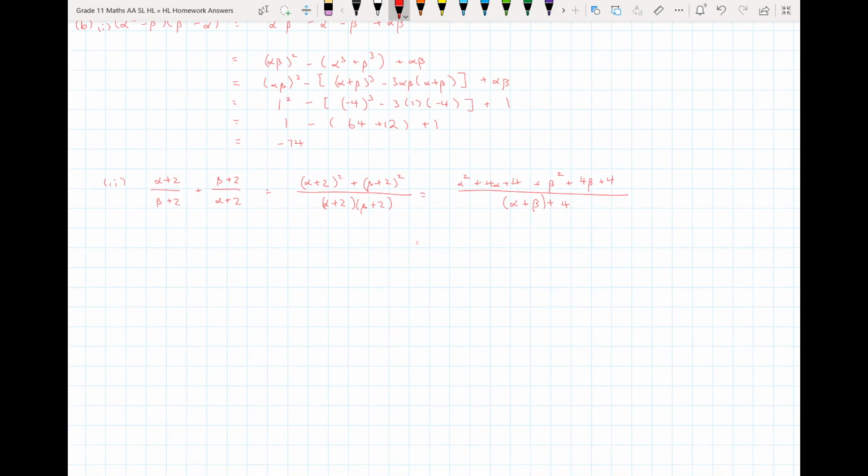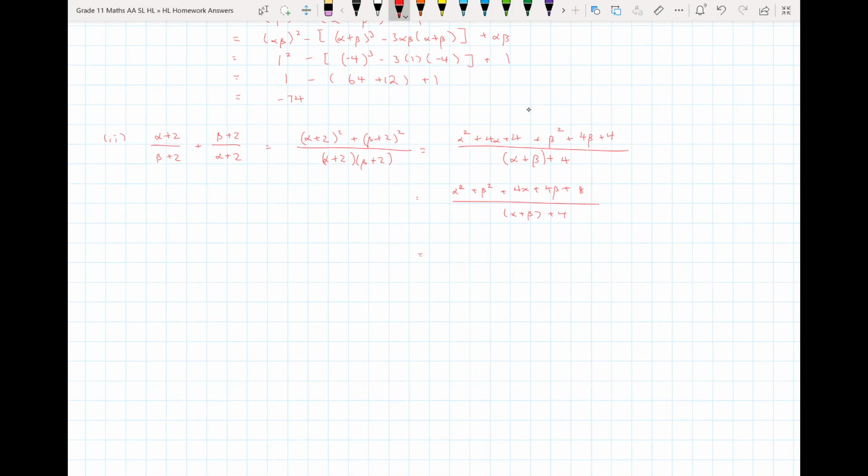Still need to do some tidying up on the top. So we have alpha squared plus beta squared plus 4 alpha plus 4 beta plus another 8. Okay. Then we can write the sum of squares as this. I'm going to factor out a 4 from the third and the fourth term.